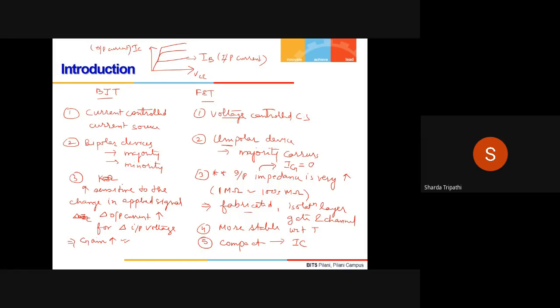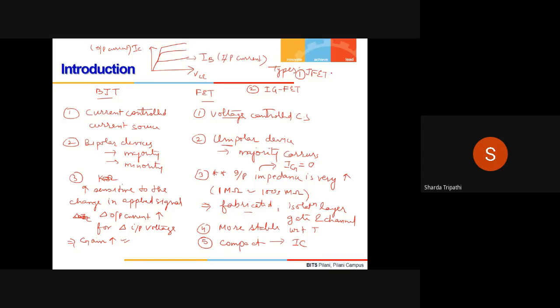So now given the differences, let us see the types of FETs. In FETs, we have two main types. The first type is the junction field effect transistor, known as JFET. And the second type is the insulated gate field effect transistor, that is IGFET.